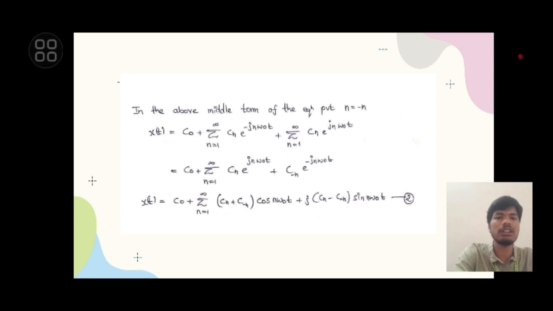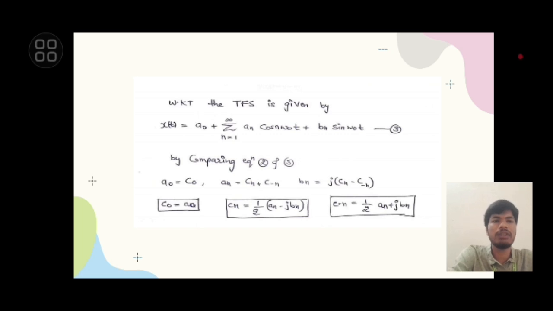So x of t equals c naught plus summation n equals 1 to infinity of cn plus c suffix minus n into cos n omega naught t plus j into c suffix n minus c suffix minus n into sin n omega naught t, considered as equation 2.